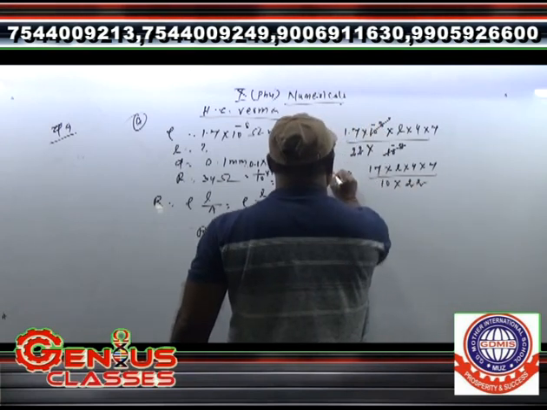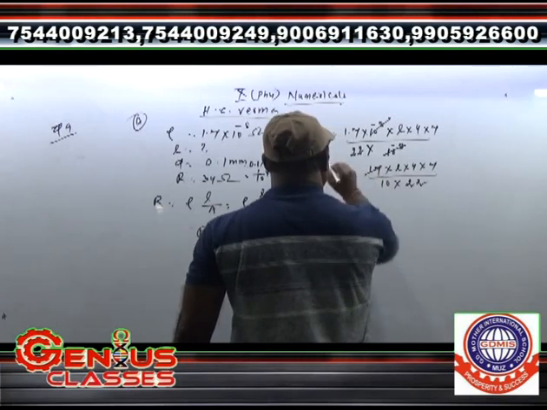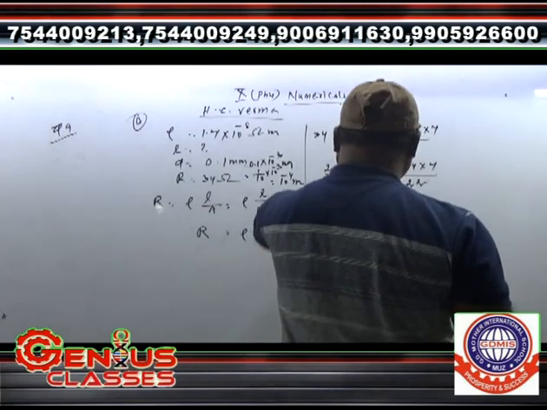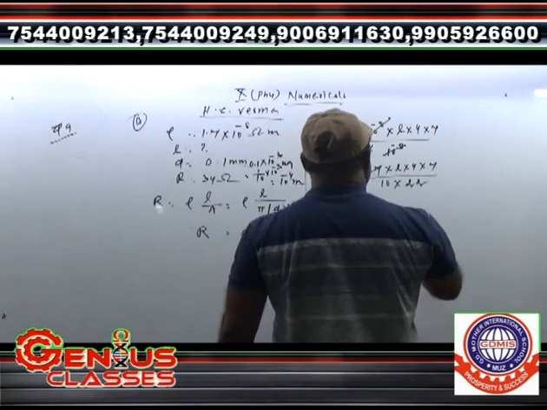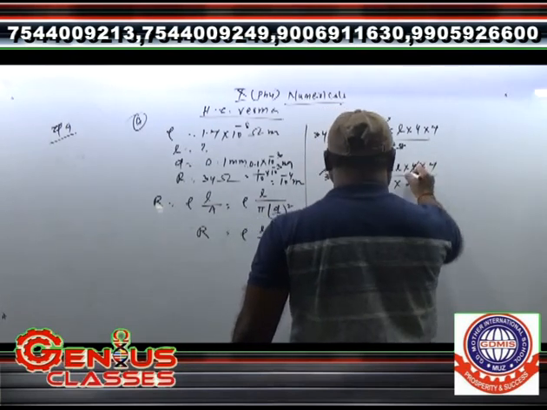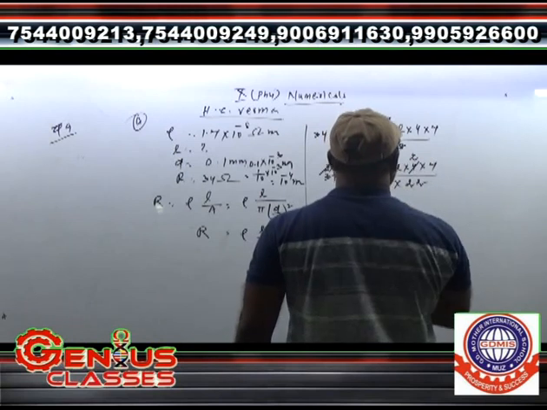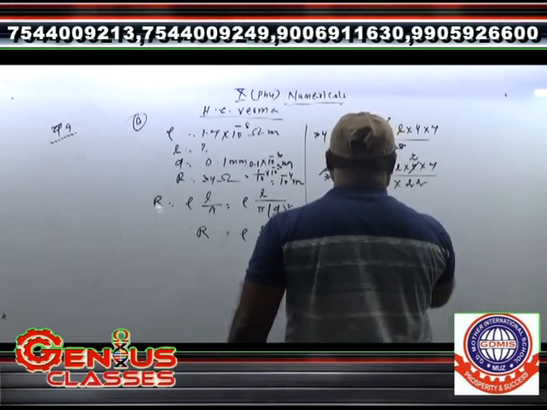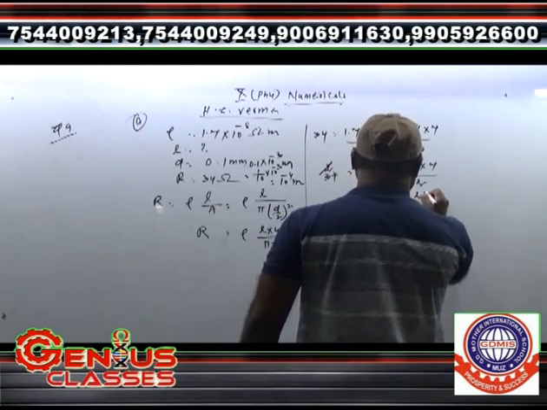There it is 34. 17 goes into 34 twice, and this 2 goes into the 4. Simple. So 14L is equal to 10 into 22.